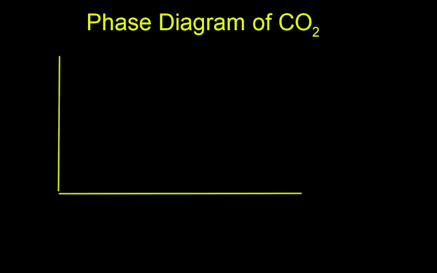So we have pressure on the y-axis, represented in atmospheric pressures, and we have temperature on the x-axis, represented in Kelvin scale, and the diagram is of this nature.